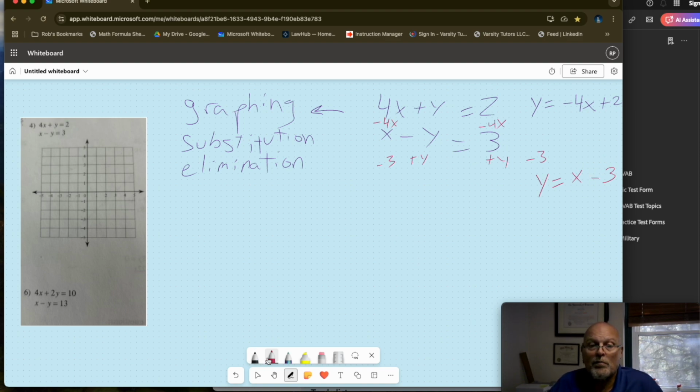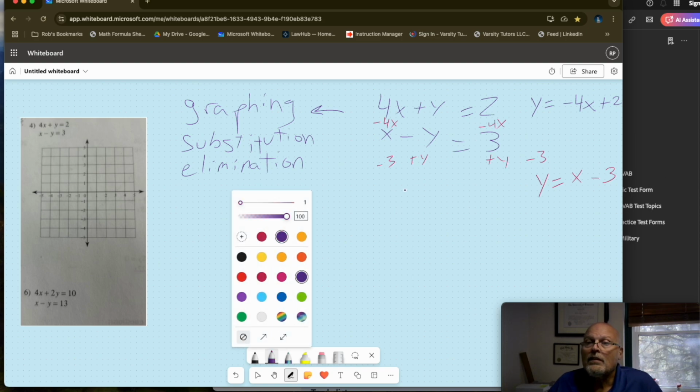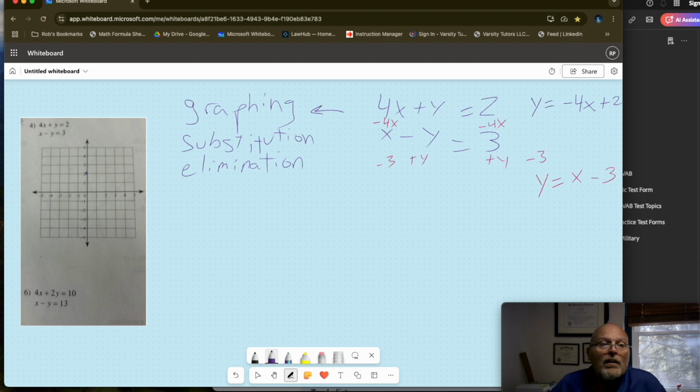And so for the purple equation, we are going to start at y equals 2, 0, 2. And then our next point is going to be from there going with a slope of negative 4. Now negative 4 means I either go down 4 and then over 1 positive, or I can go up 4 and to the left 1.